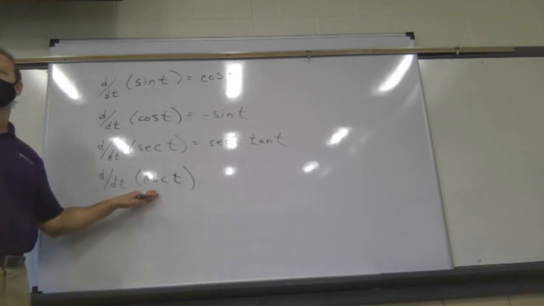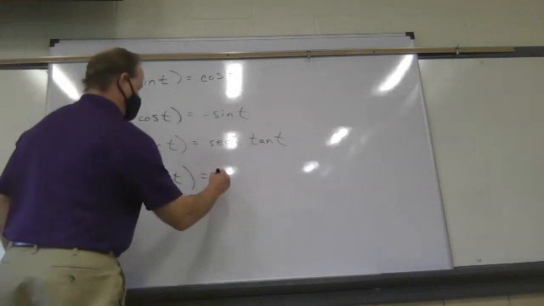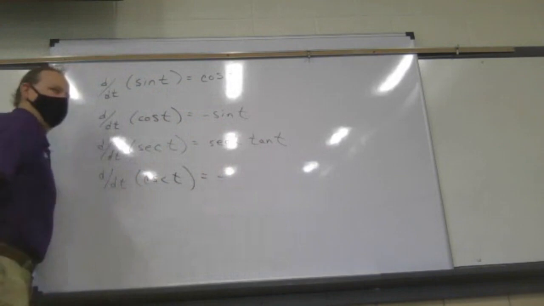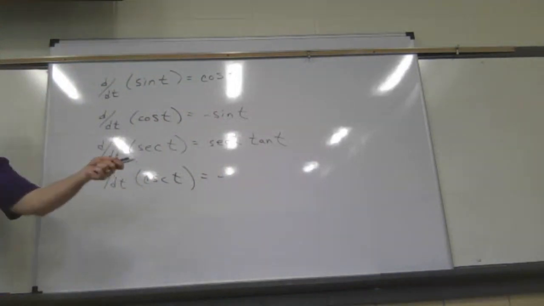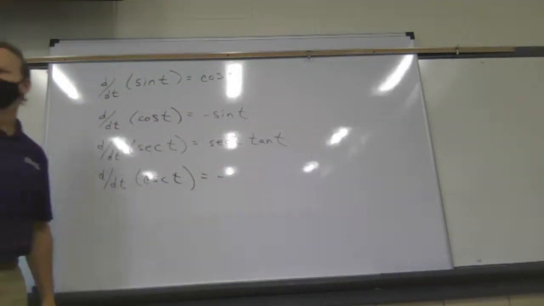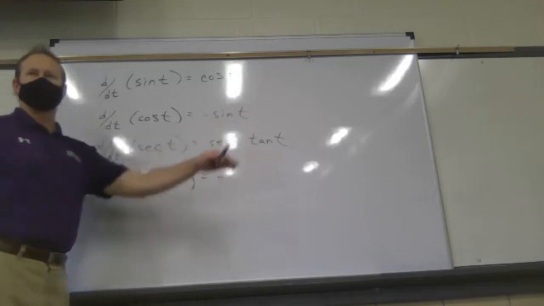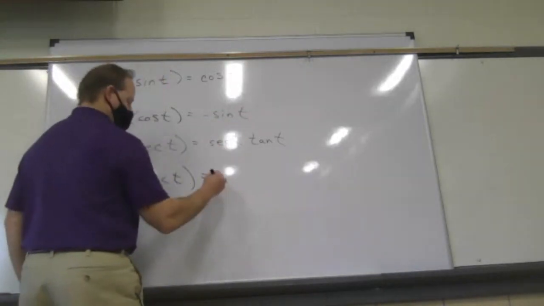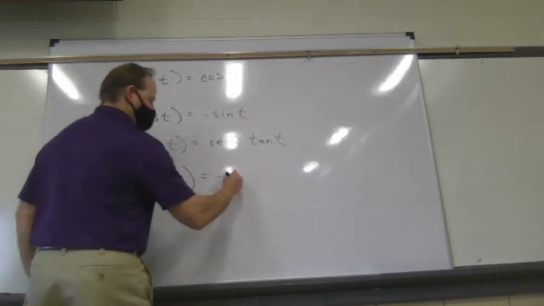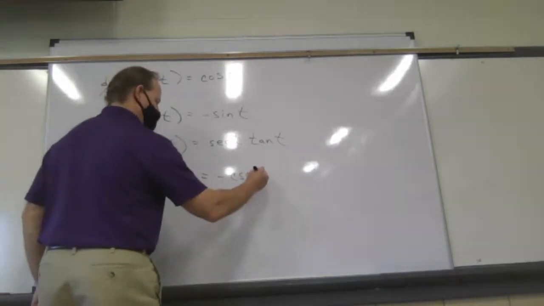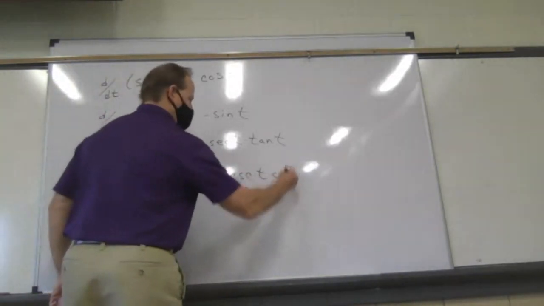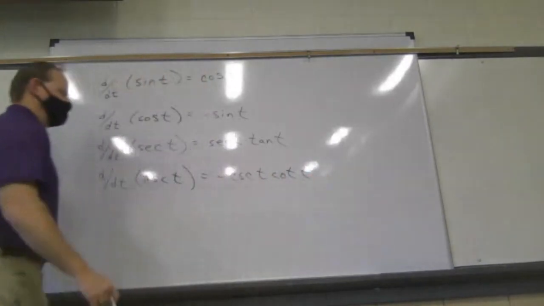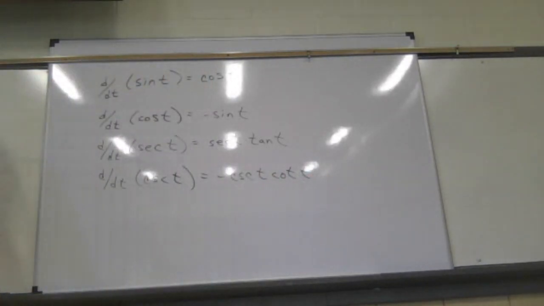Here, this is cosecant, so there's going to be a minus. And instead of secant tangent, it's going to be cosecant cotangent. If you know one of them, it's easy to figure out the other one. So the derivative of cosecant is minus cosecant t cotangent t.